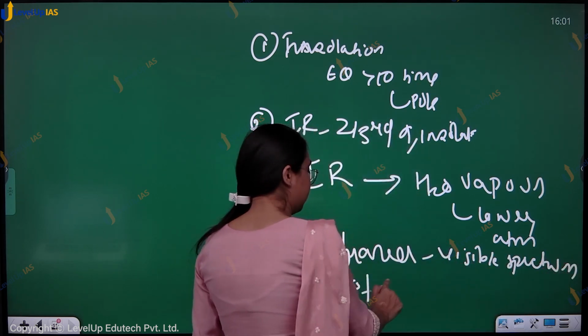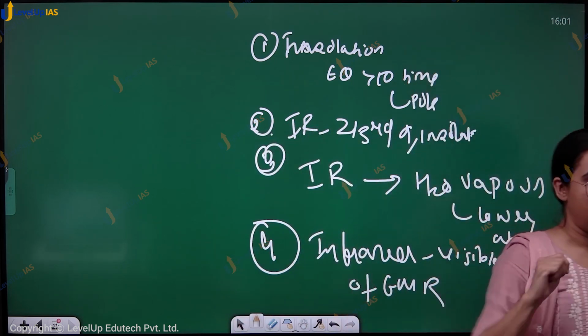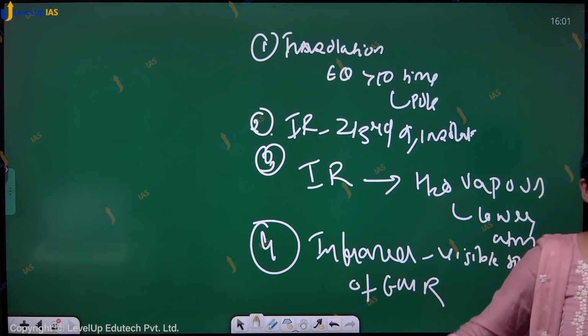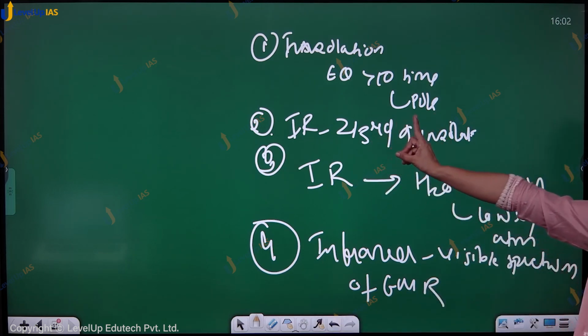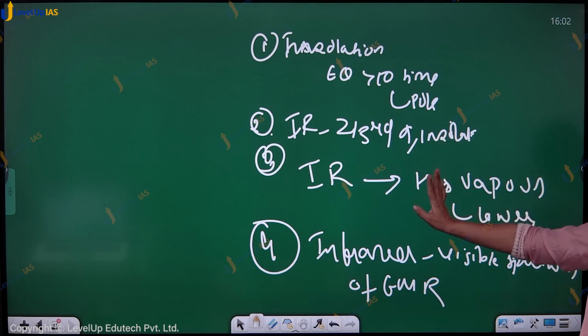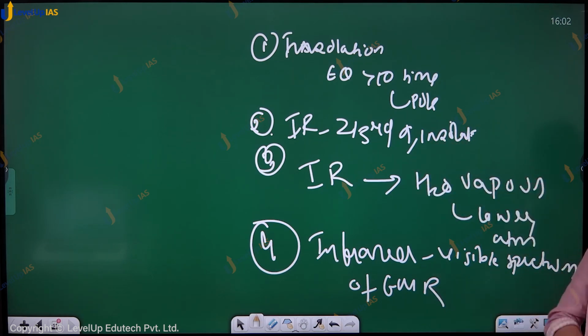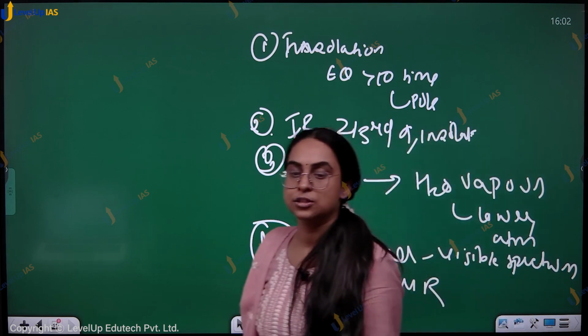Which of the following is correct? First, the equator receives 10 times the insolation of the poles. Second, 2/3 of the solar insolation is infrared radiation. Third, infrared radiation is absorbed by water vapor concentrated in the lower atmosphere. And the fourth is that infrared is a part of the visible spectrum.